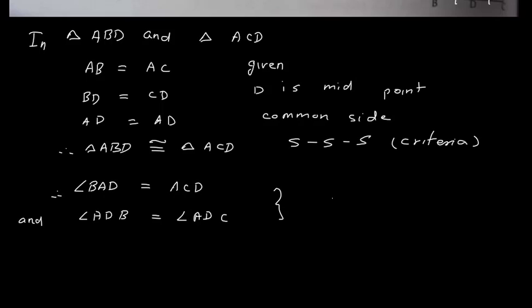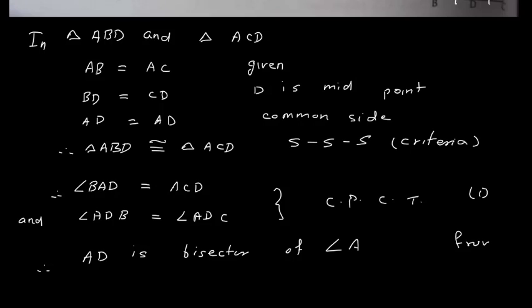This is corresponding part of congruent triangles. Now BAD is equal to CAD. So therefore I will say that AD is the bisector of angle A. Okay, this is your equation 1.